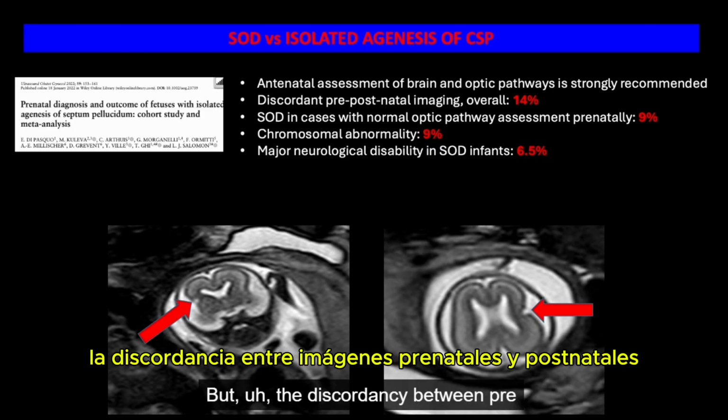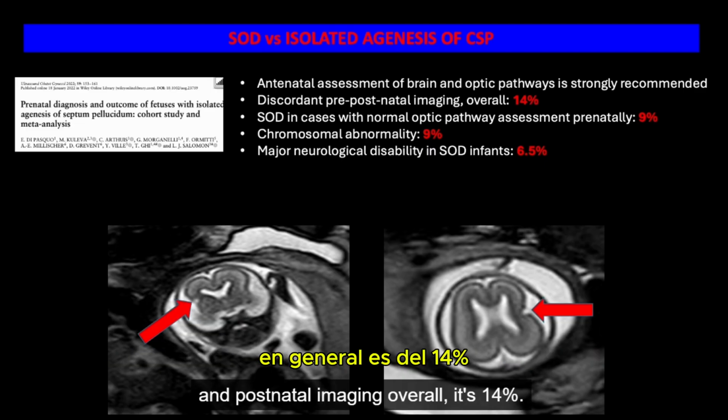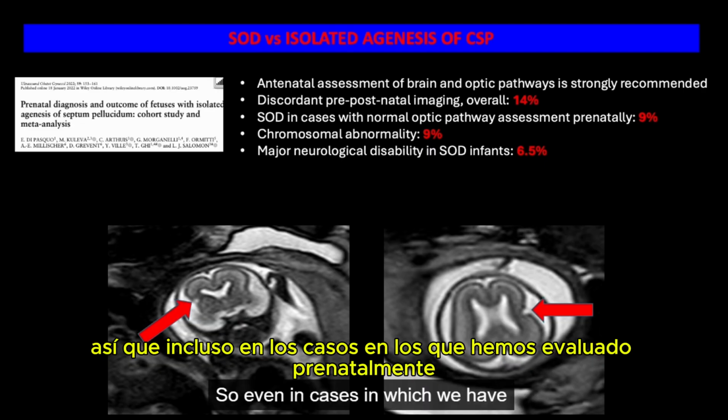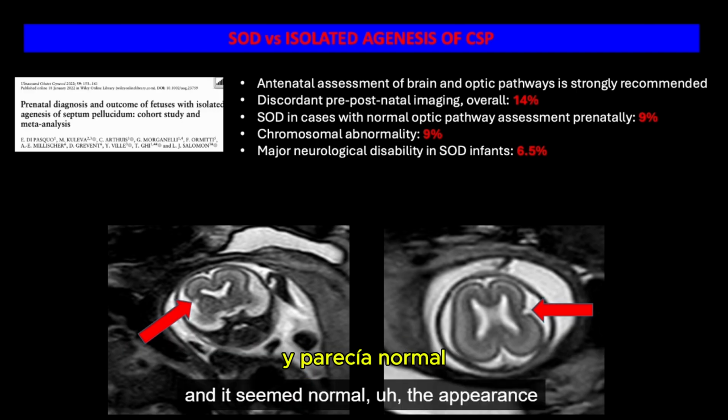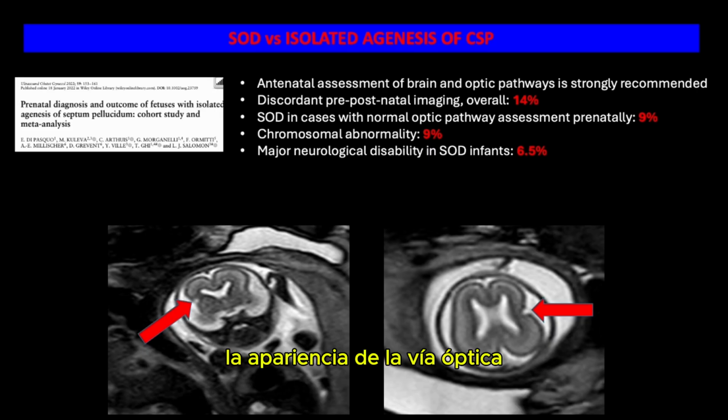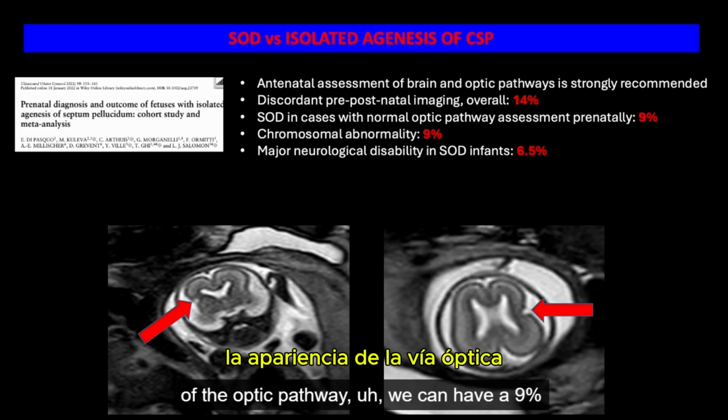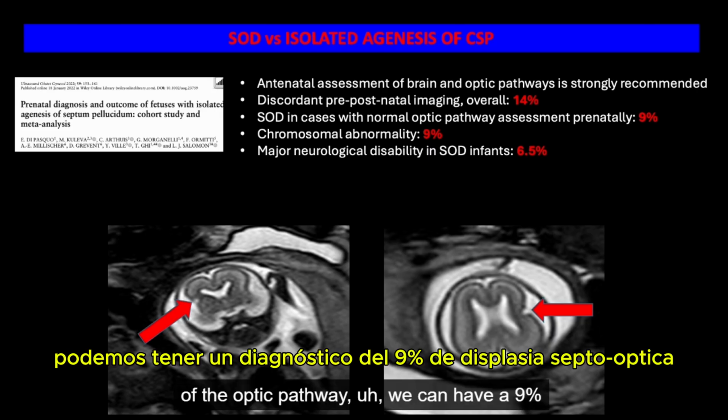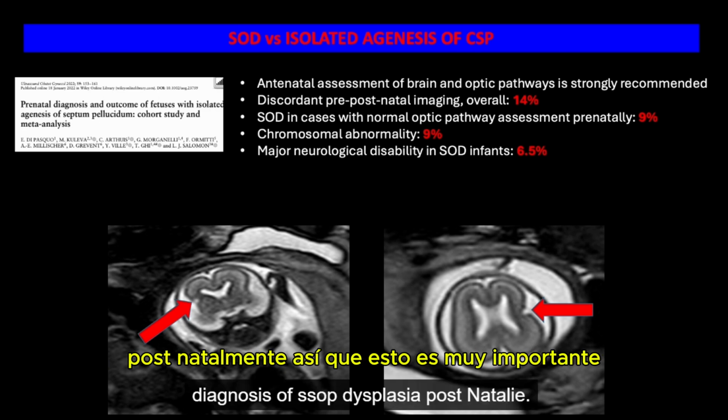But the discordancy between pre and postnatal imaging overall is 14%. So even in cases in which we have assessed prenatally and the appearance of the optic pathway seemed normal, we can have a 9% diagnosis of septo-optic dysplasia postnatally.